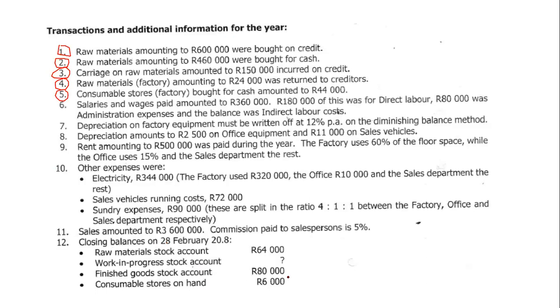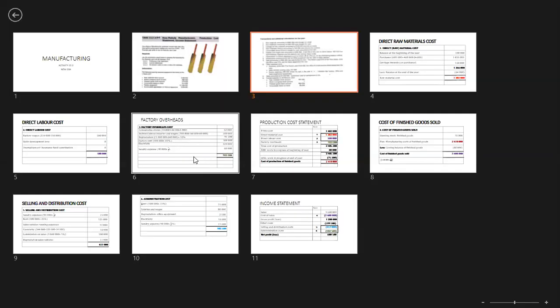And what are we going to do with this one here? We minus it from our indirect material cost. And where will we find indirect material cost? In our factory overheads.